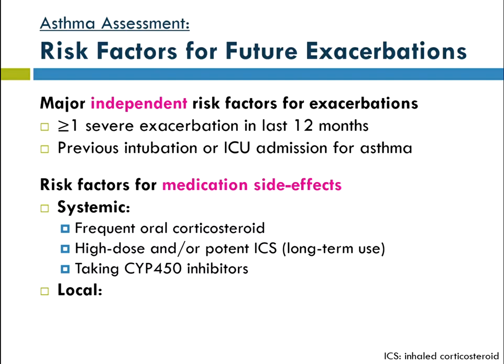If they are on high dose and or potent ICS, inhaled corticosteroid, they're on it a lot, which is why the guidelines changed several years ago. That's going to increase their risk factor for side effects. If they are taking a CYP450 inhibitor, that's going to increase their risk for side effects. There should be some examples in the notes of this slide, but if you don't know them specifically, we'll worry about that in advance. Okay.